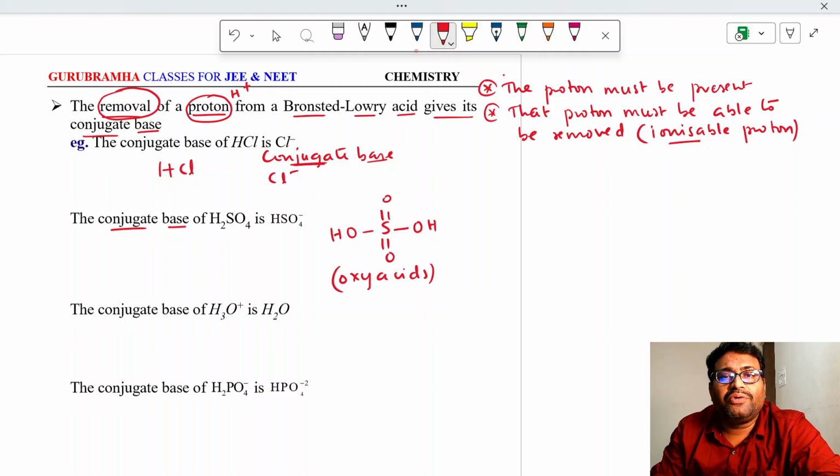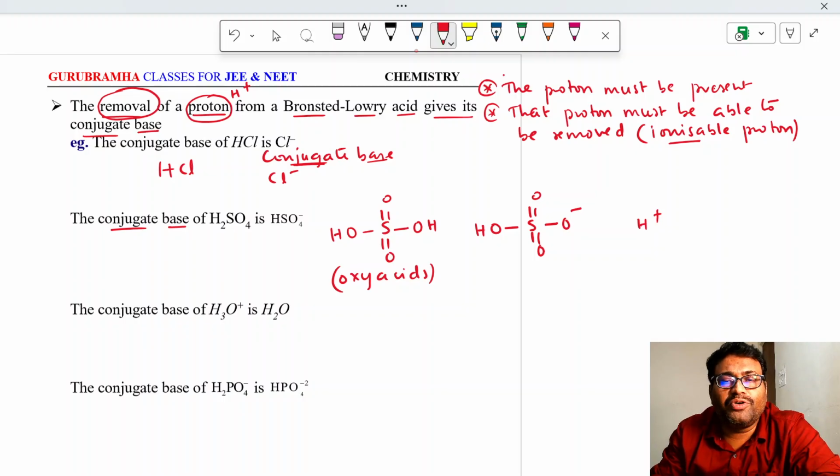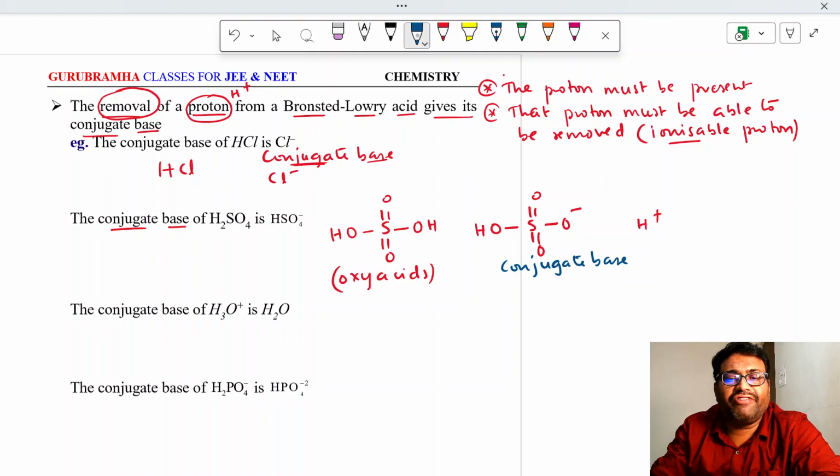Now, remove one H plus. If you remove one H plus, then what do you get? O minus, OH. H plus is removed. As you have removed one proton, this species is called the conjugate base of H2SO4.